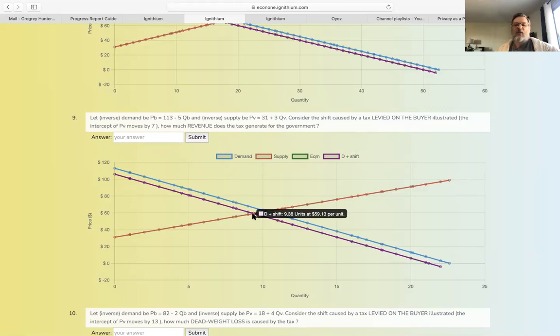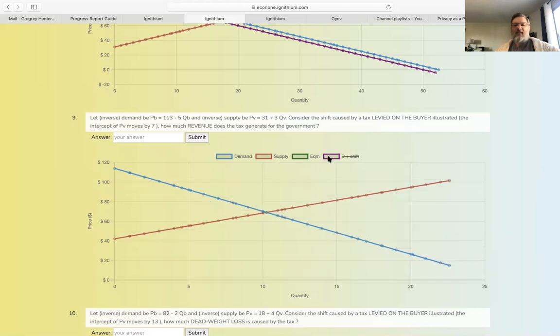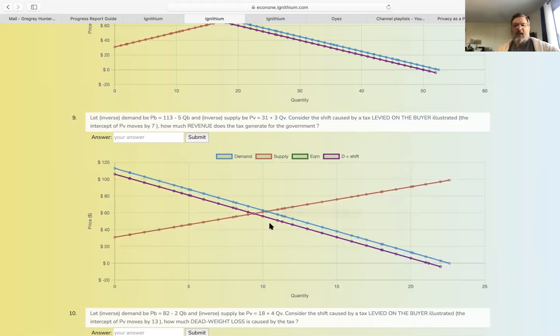I'll try to draw it out with my cursor, but here we've got the shift in the demand curve, and so now we have the seller's after tax price, and then there's a rectangle here on our graph. The height is the distance between these two, which is the amount of tax, which is 7 in this case. So there's a rectangle with a height of 7 and a width of our after-tax quantity, which is 9.38 units.